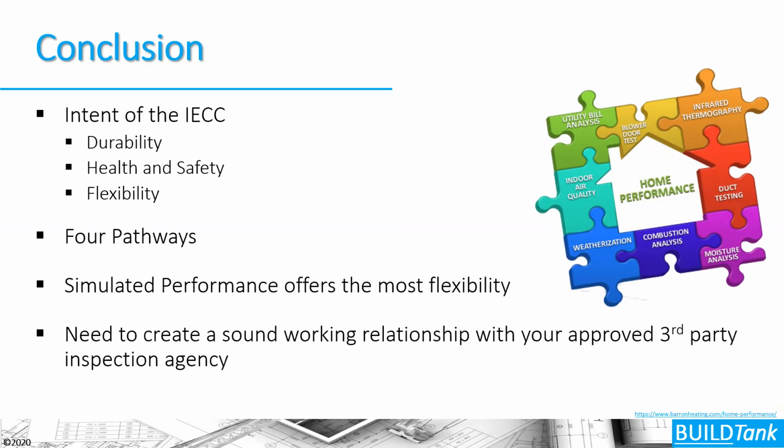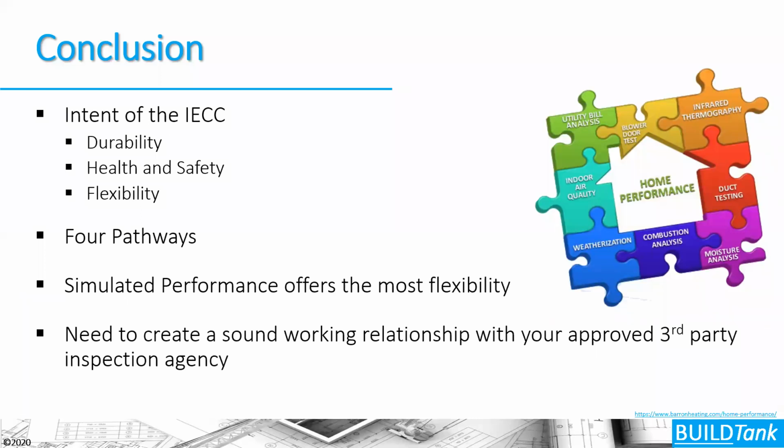We're not seeing great uptick in use of the ERI pathway, largely because as a byproduct of the simulated performance path, it's very easy to get an energy rating index for marketing or other purposes that the builders primarily want that index for. Now, I like to talk about the 4 pathways of the code.